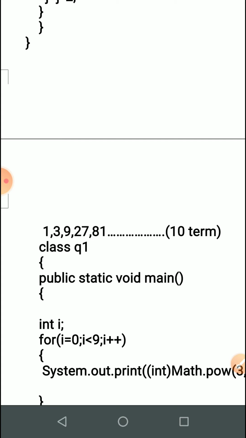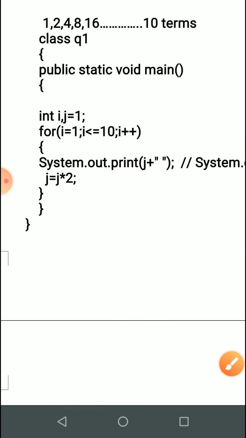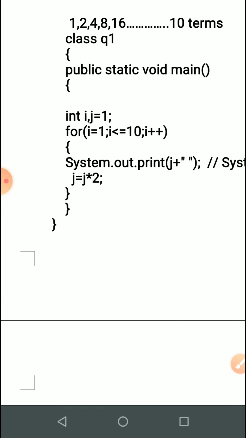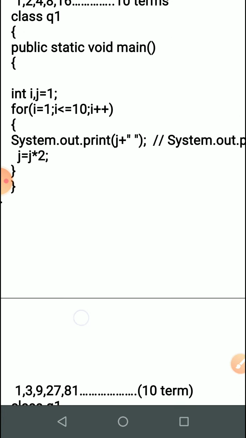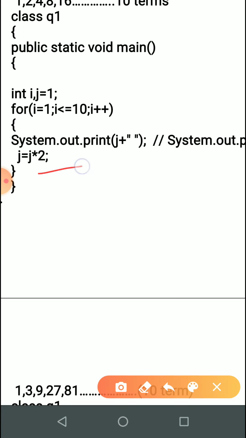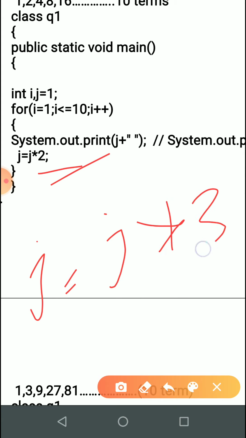Now what is here? 1, 3, 9, 27, 10 terms. Each term is the triple of the previous term. If we follow the same logic, in the same previous program we need to write j equal to j into 3.